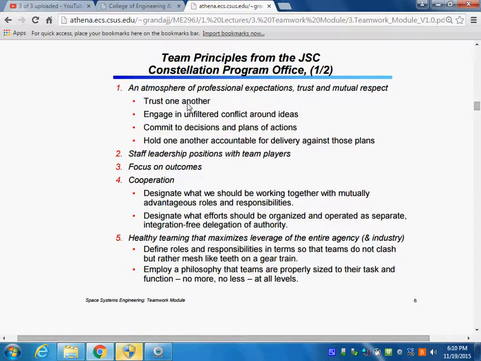Engage in unfiltered conflict around ideas, meaning discuss all the possibilities and don't think at first that you want to go with that one and don't want to listen to any other. Many projects have switched in the last stages of execution for a better one.